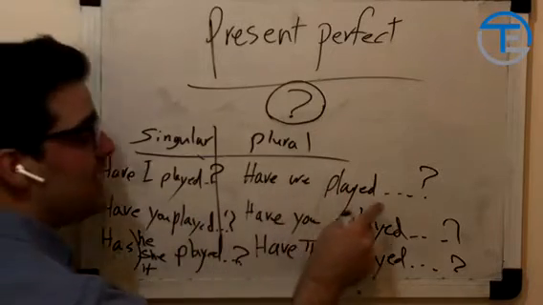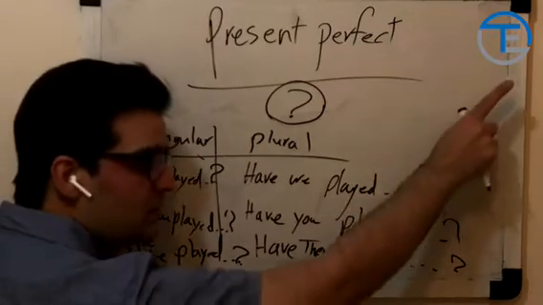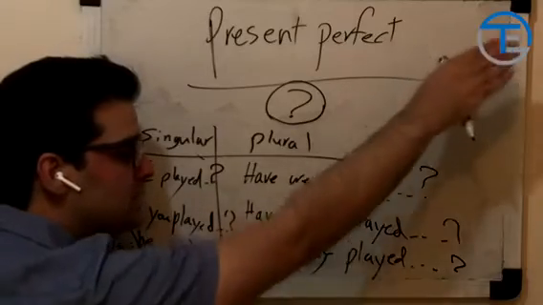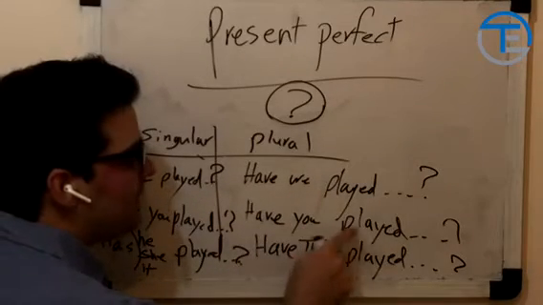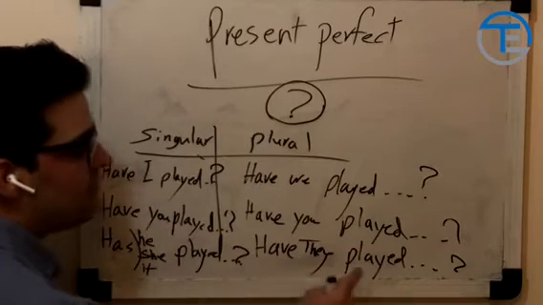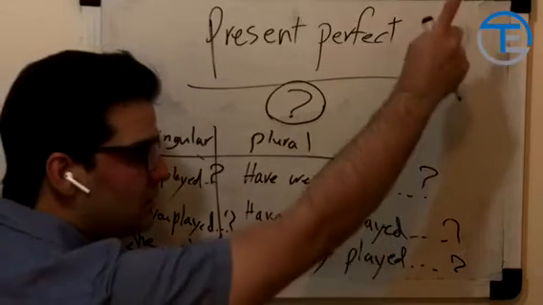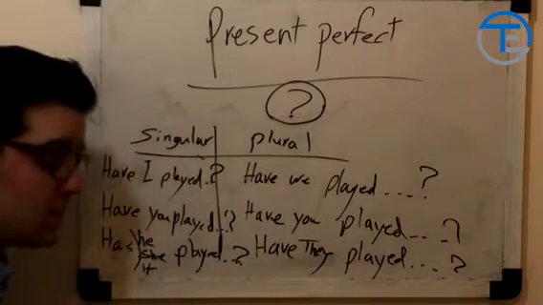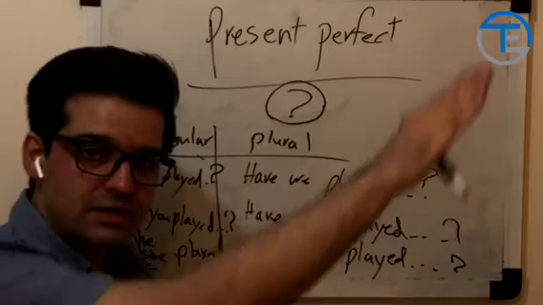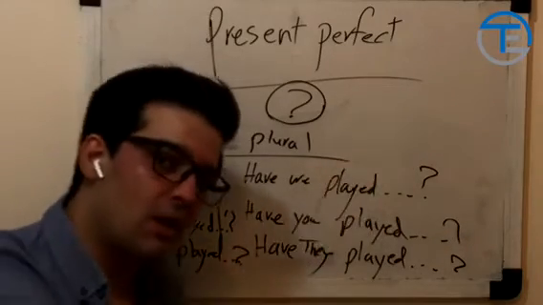Have we played soccer? It's rising, okay? You have to say it rising. Have you played basketball? Have they played volleyball? Okay, it's like this. Because it's a yes/no question, you have to say it rising, not falling.